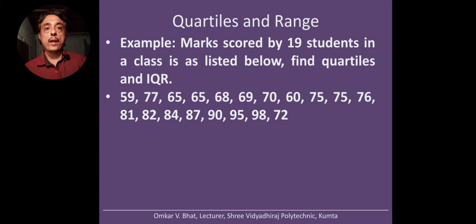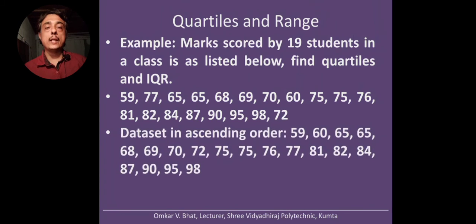So you need to find out all the quartiles and interquartile range. In order to calculate quartiles, we know that first we need to arrange the data set in ascending order. So after arranging the data set in ascending order, we can calculate all the quartiles.